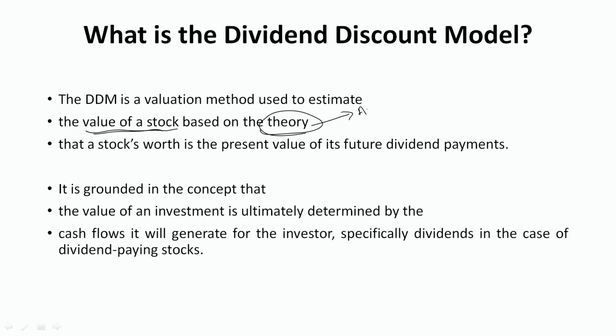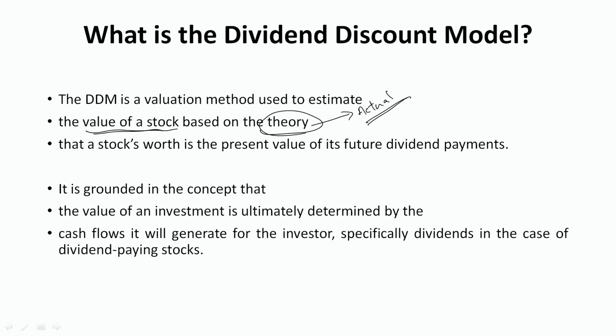The actual value would be different, whereas theoretically, based on whatever studies have been conducted, a formula has been derived. Based on that formula, we are trying to find out what should be the value of the stock, but it need not be the actual value which is reflected in the market.